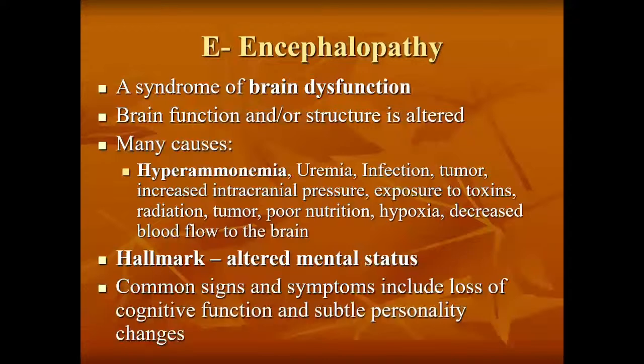It's a toxic metabolite, right? So these patients get encephalopathic. And then there's just other things, exposure to toxins, radiation, even if they're getting treatment, poor nutrition, hypoxia, just a lot of generalized things, but the hallmark being altered mental status with brain dysfunction. And it can be subtle at first too, just subtle personality changes that family members notice. And then they bring them in.